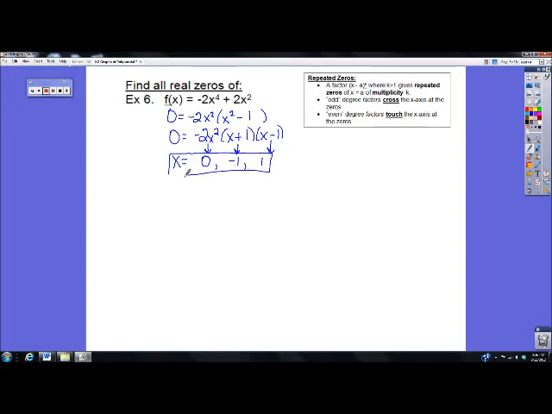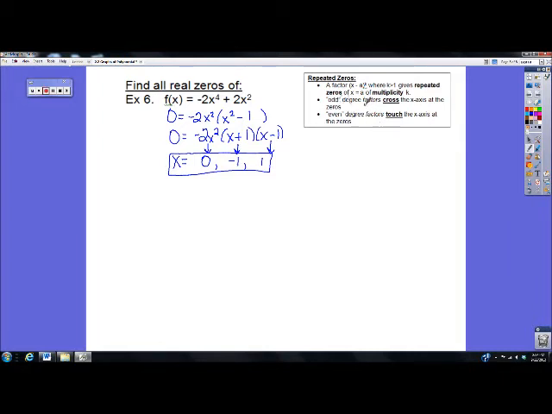Now, this is all I'm asked to find, but I know what you're going to have to do in the next section as far as graphing goes, and we're going to talk about this now, and it's going to make it a whole lot easier for you later, because you need to be able to graph these coming up. Alright, look at this box. It's kind of down on the bottom right of your paper, but I put it up here on my notes.